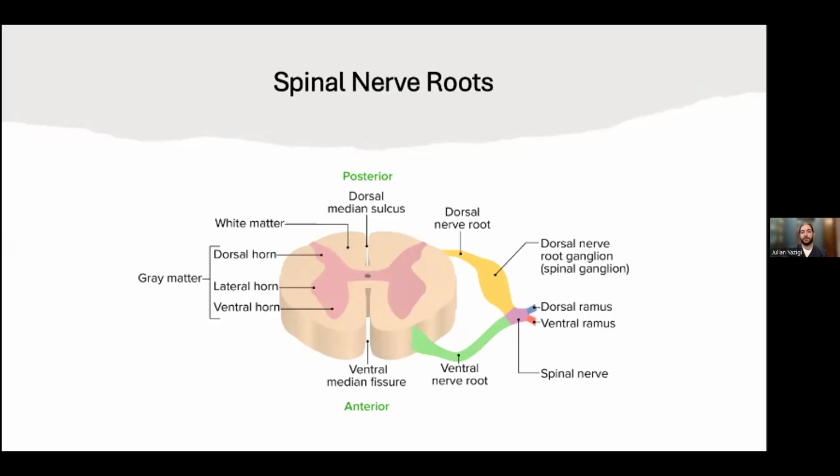Immediately after formation, each spinal nerve will divide into a dorsal ramus and a ventral ramus, which further distribute to the body's musculature and skin. Importantly, the dorsal root ganglion remains proximal to the junction, serving as a sensitive clinical landmark.